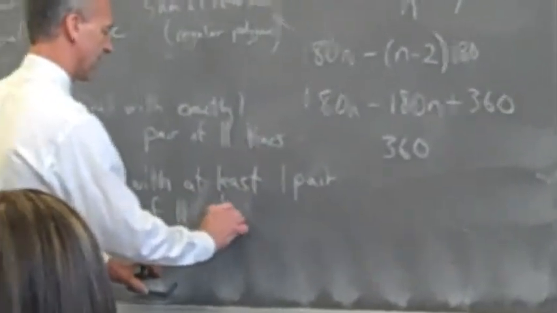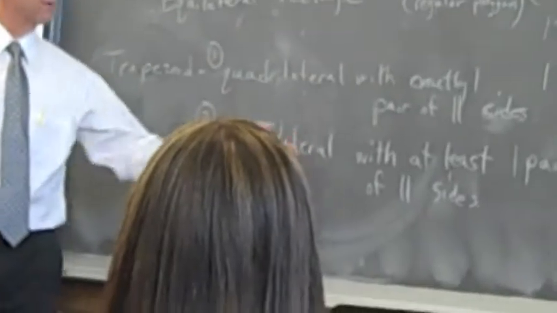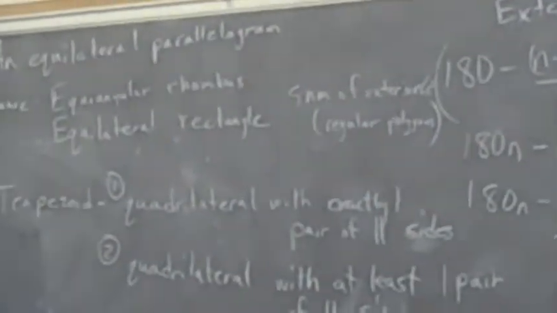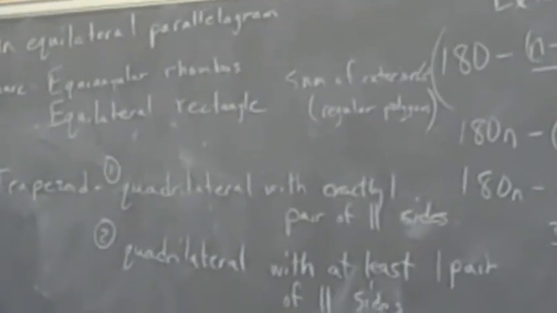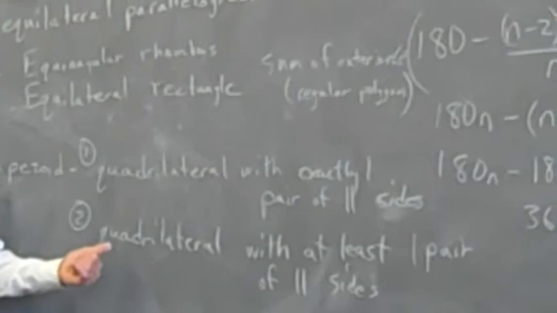Sides, I guess. That's a different definition, right? Under that definition, talk to me. Couldn't a parallelogram be a trapezoid? A parallelogram would be a trapezoid under this definition, right?